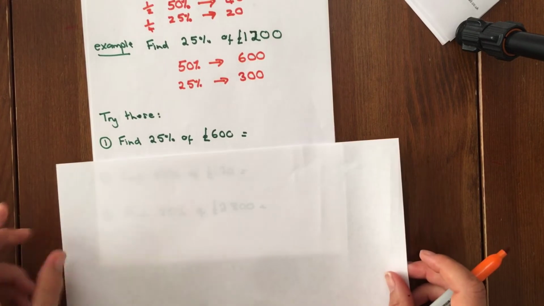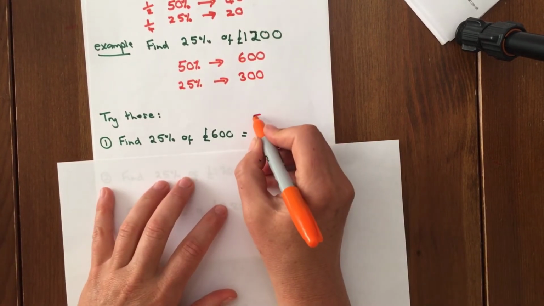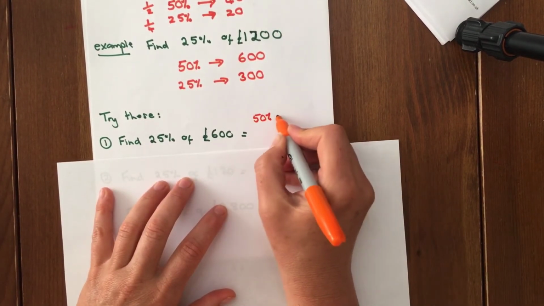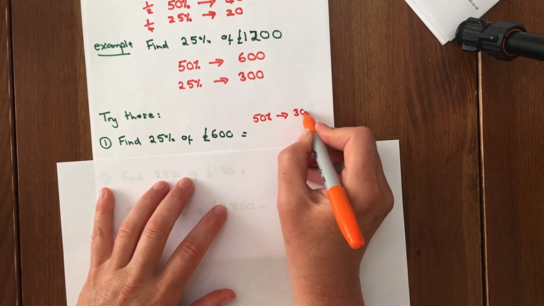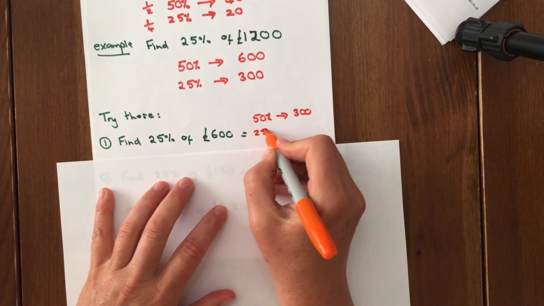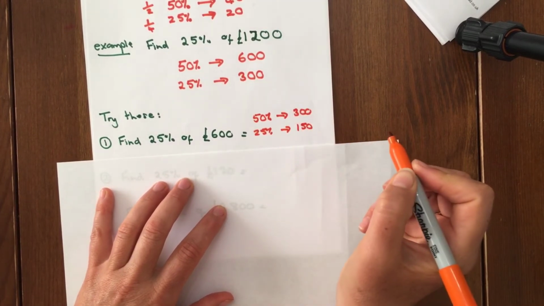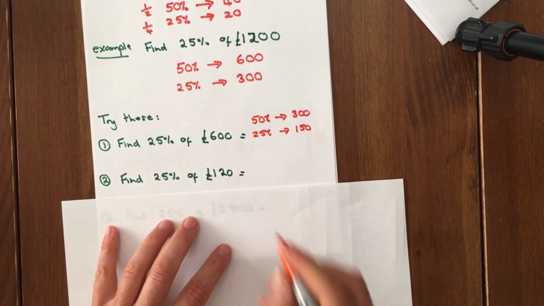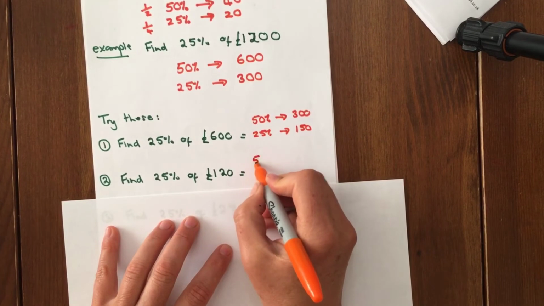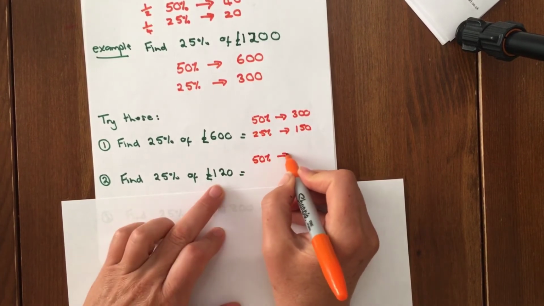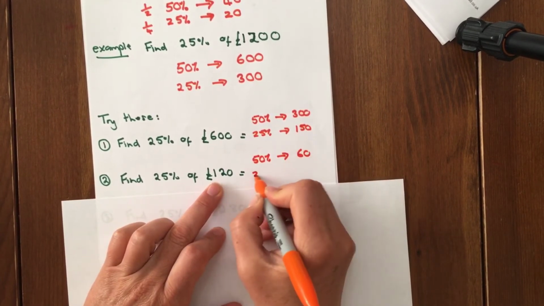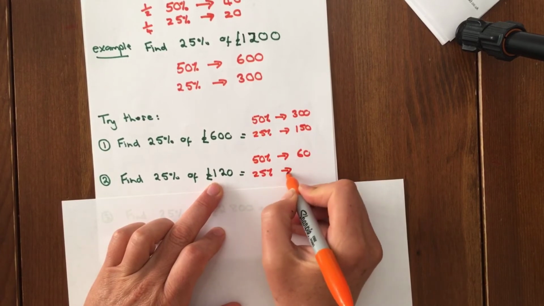Okay, first answer. So 50% will be half of 600, 25%, half it again. Use your bus stop method if you're not sure about halving. Divide by 2. So 50%, half 120, and 25%, half again.